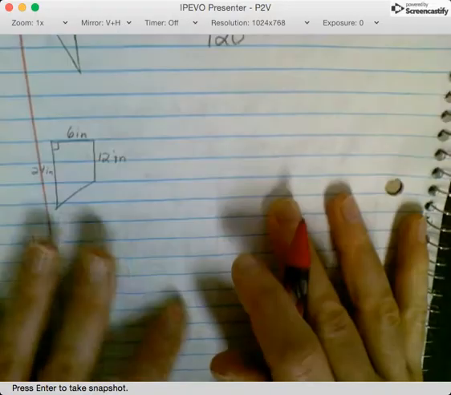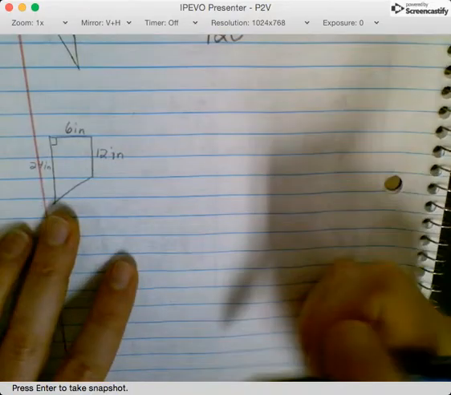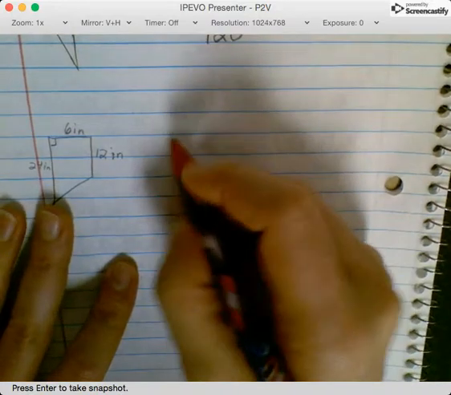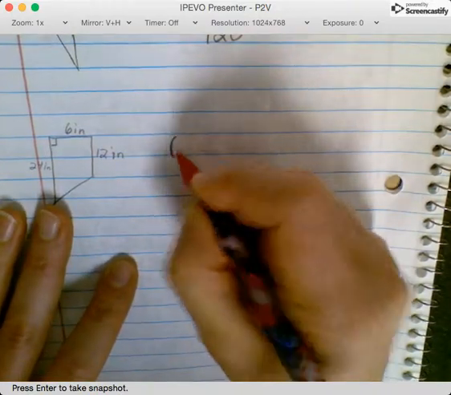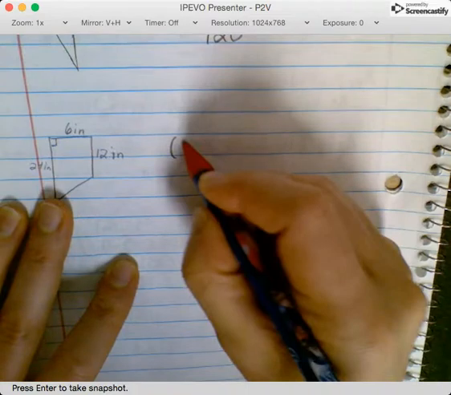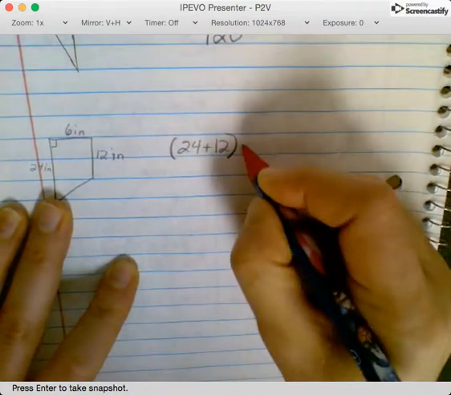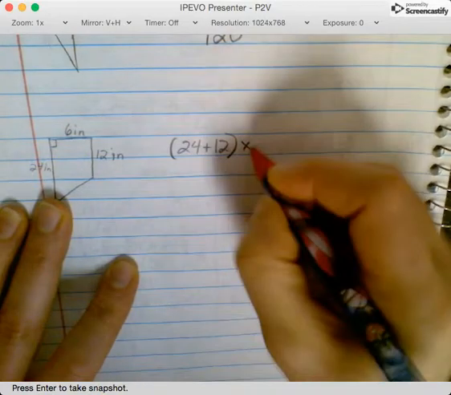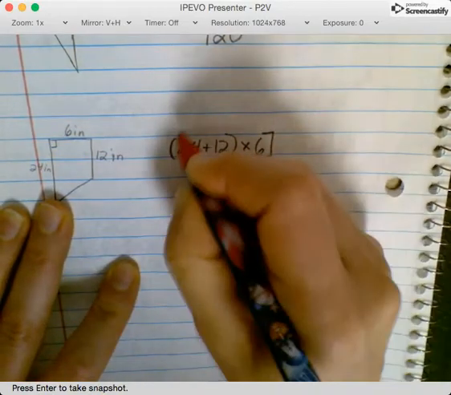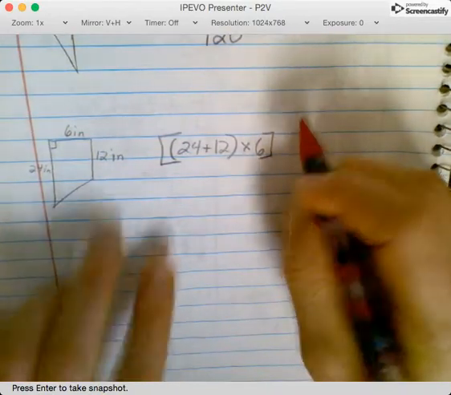And then the last one, again, I just flip those onto their side. So I'm going to start out with base 1 plus base 2, 24 plus 12, times height, which is 6. And notice I'm just using divided by 2.